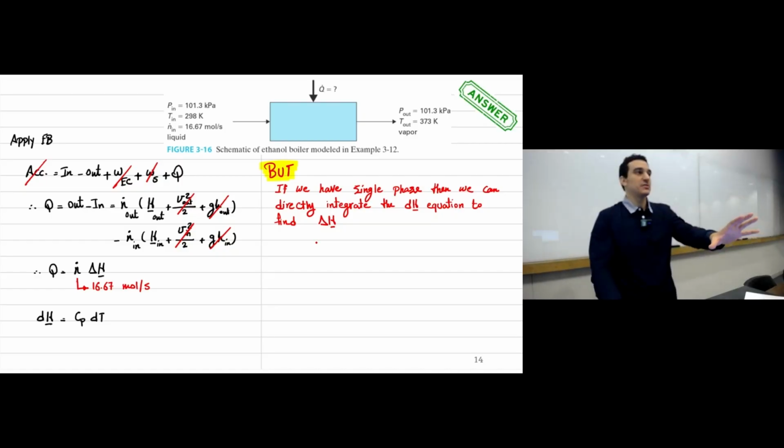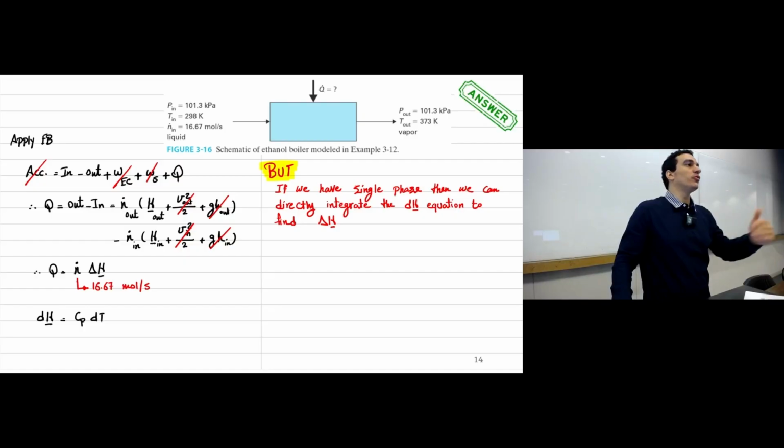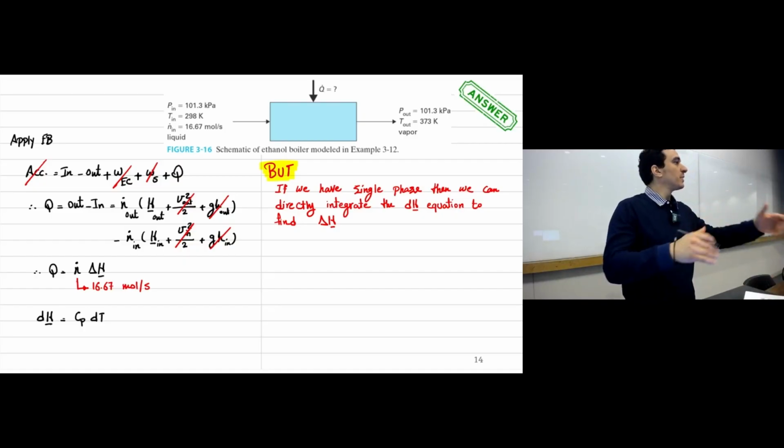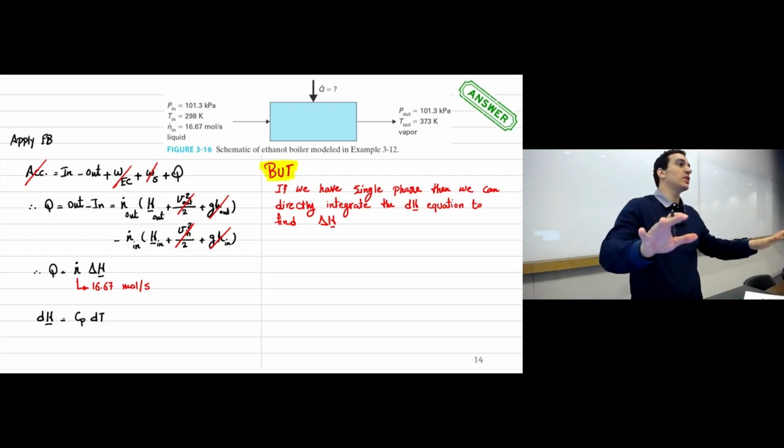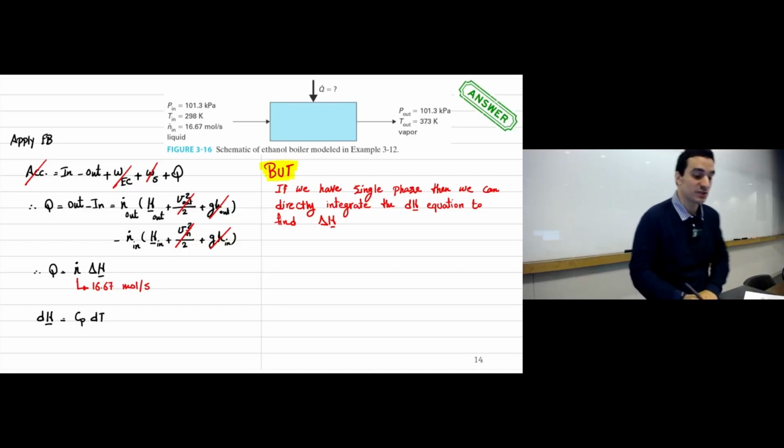If we have a single phase with no phase change and you need to find delta U or delta H, then dU is Cv dT integrated, dH is Cp dT also integrated, and that's it. This will be straightforward, similar to what we did in the previous examples.